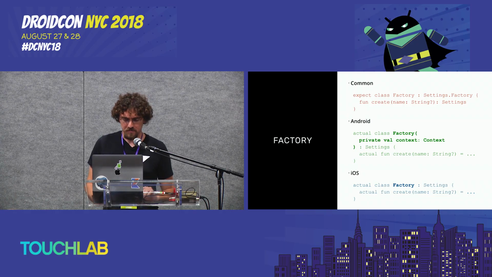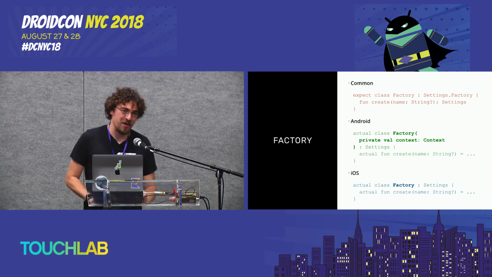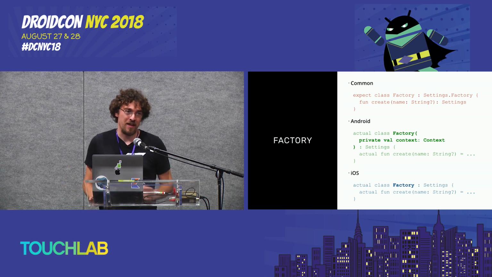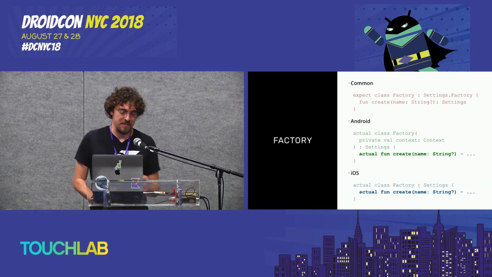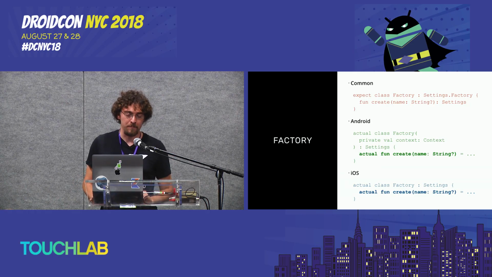I built this factory API basically so I could pass in that context once and then create multiple settings objects if you want to, just from your common code. So now the actual creation happens with the same API for each platform, so you can run it from your common code.